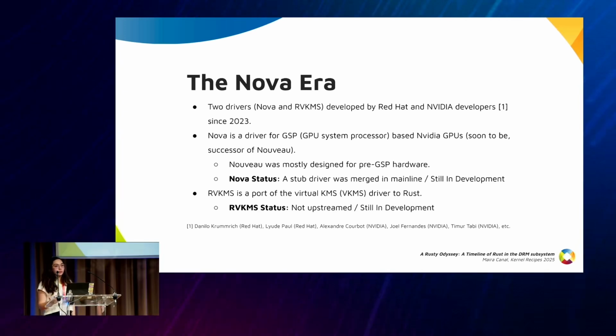The display part was written in C. So in order to write the RVKMS driver, all the KMS safe abstractions needed to be written. And also, DRM and KMS are in the same subsystem, but the structures that they deal with are completely different. The DRM part is more like GFX stuff, and KMS is essentially display. So they had to write all the safe abstractions from scratch.